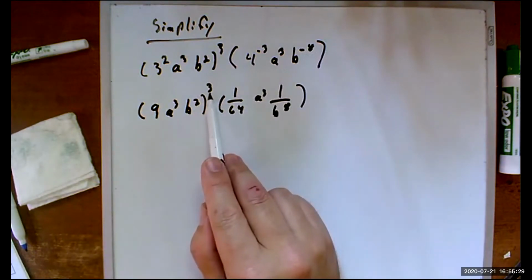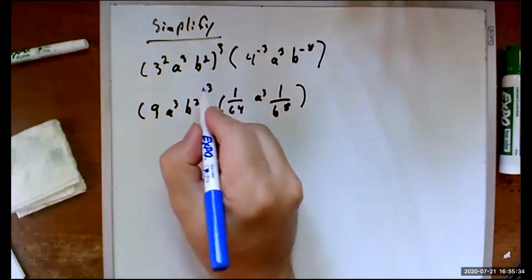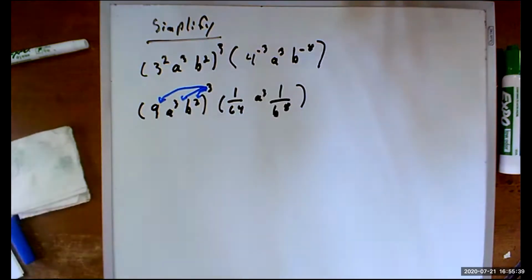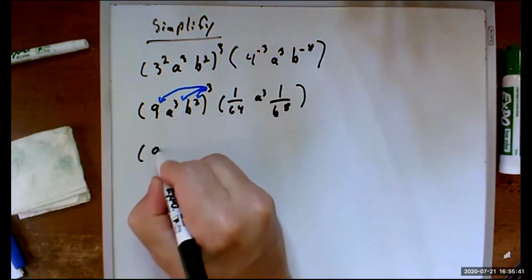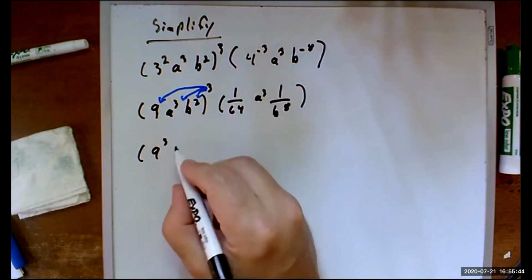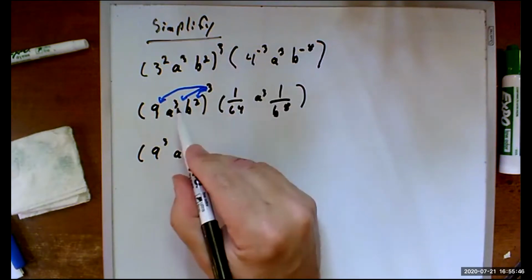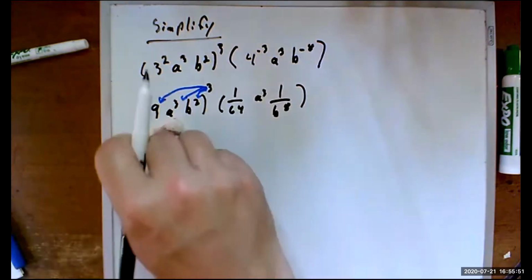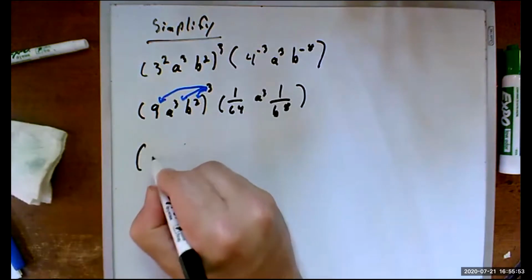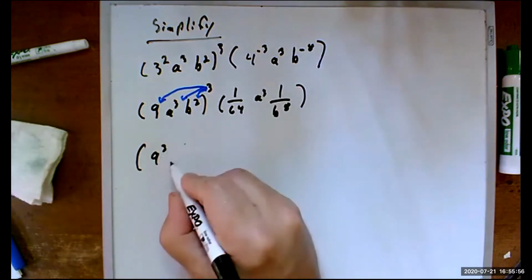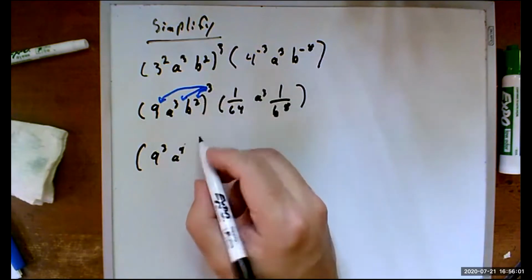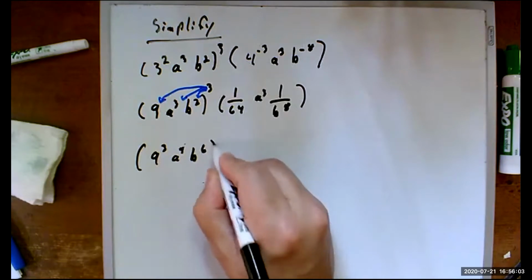Next thing I'm going to do is apply this exponent outside the bracket. It has to share by each thing inside the brackets. So I end up with 9 cubed, A to the power of 3 times 3, which is 9. 9 cubed, A to the power of 9, B to the 3 times 2, which is B to the power of 6.